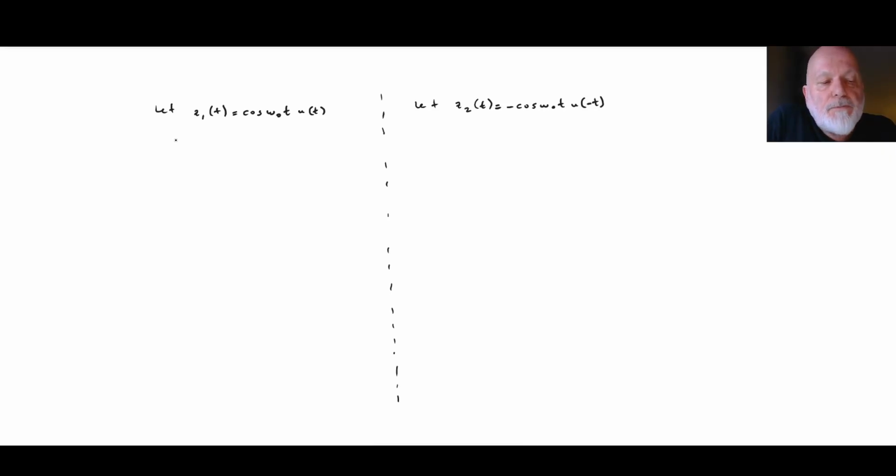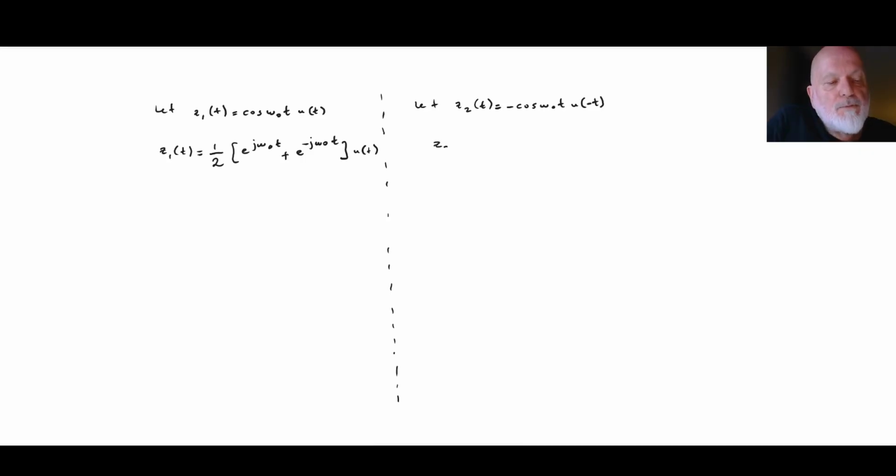So z1 of t is of course expressed in terms of a superposition of the complex exponential signals. So we have 1 over 2 times e to j omega 0 t plus e to minus j omega 0 t, times u of t.